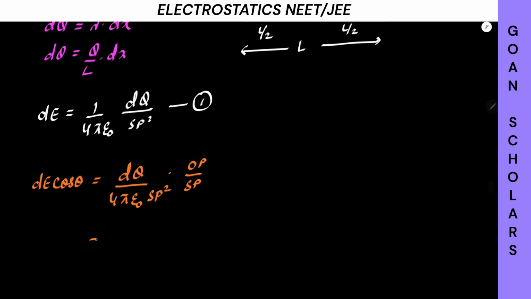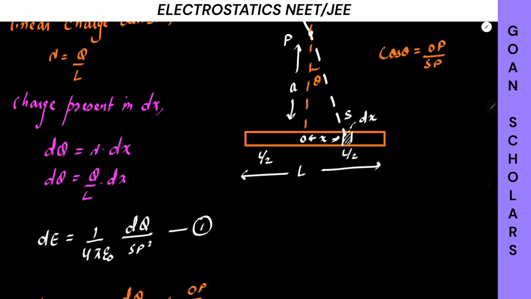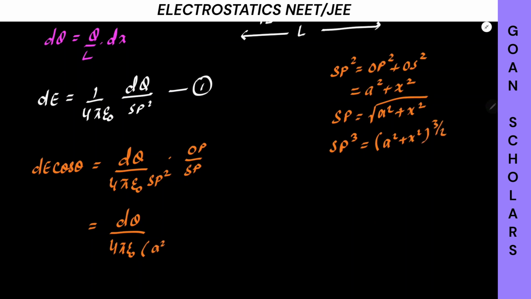Now let's substitute the values. First of all, dq as it is upon 4 pi epsilon naught. And what is SP squared? Look at this triangle. SP squared is A squared plus x squared, since SP squared equals OP squared plus OS squared, where OP is A and OS is x. So SP is root under A squared plus x squared, and SP cubed will be equal to A squared plus x squared whole power 3 by 2.